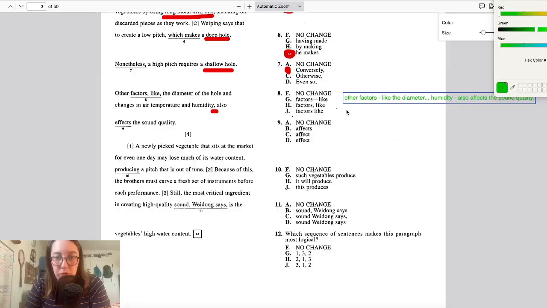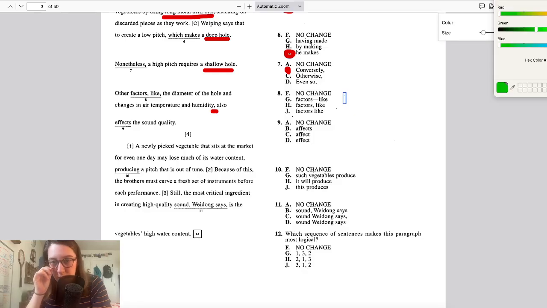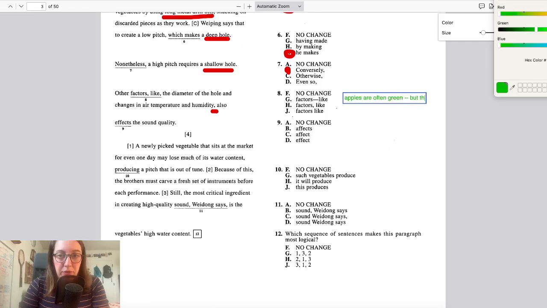So the difference between that and an M dash, the longer kind, is you can use those alone. Those of you who have seen ChatGPT memes probably know what an M dash is at this point, but it's when you sort of cast off a related idea that you want to put an emphasis on at the end of a sentence. So you could say something like, apples are often green, but that's not the only color they come in, right?